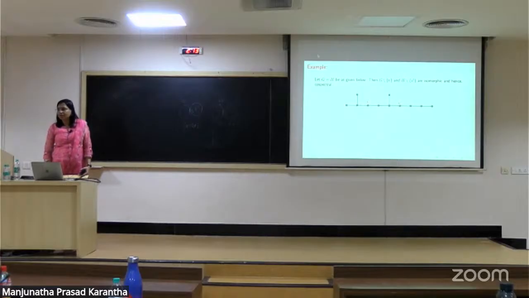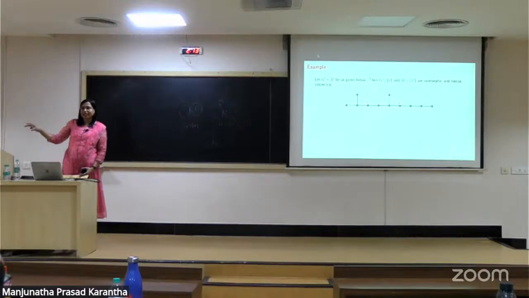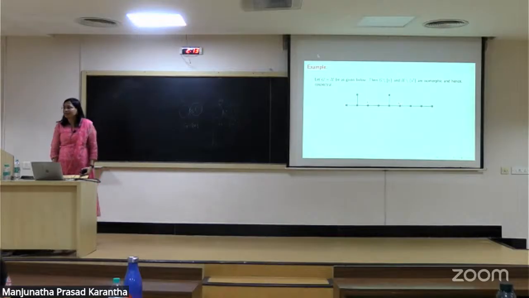If I delete from H, what are you getting? The same, so they are also co-spectral. When you are thinking of v in G, you take v, and when you are thinking of v in H, you take another vertex. But after deletion, both the graphs are the same graph, so they are also co-spectral.